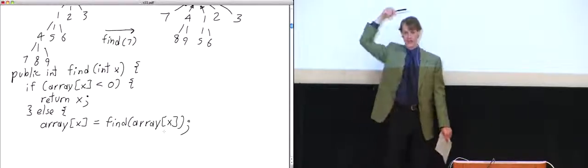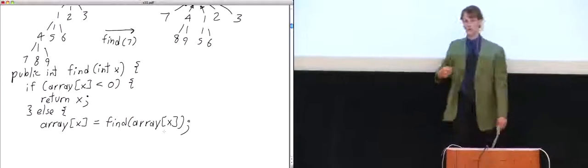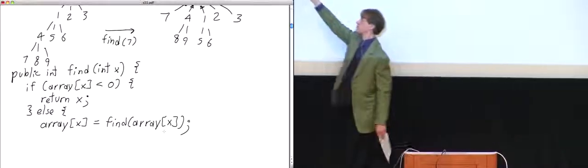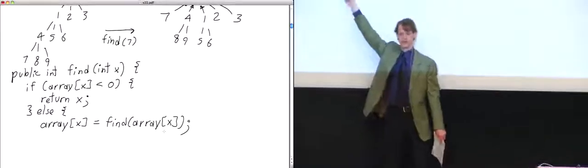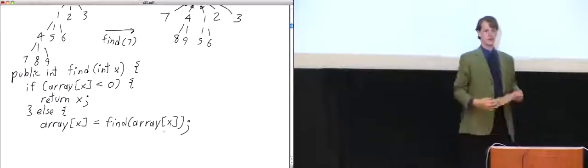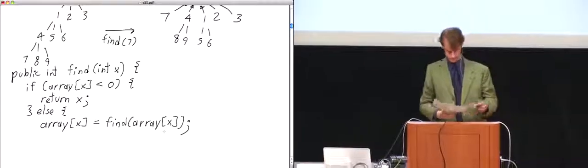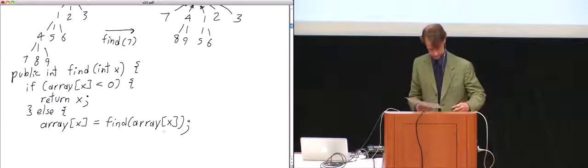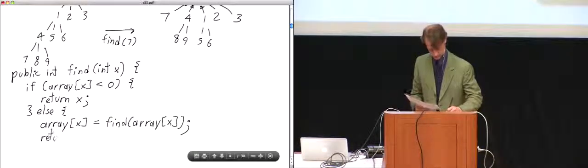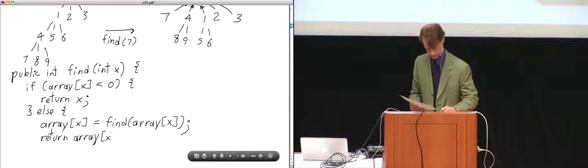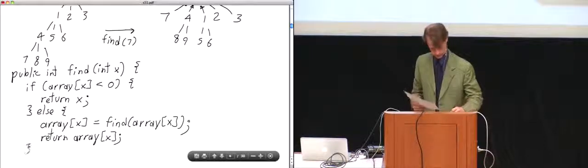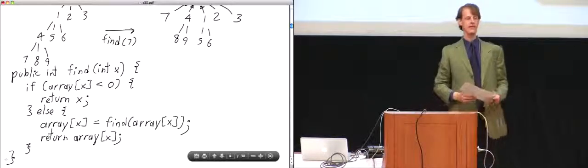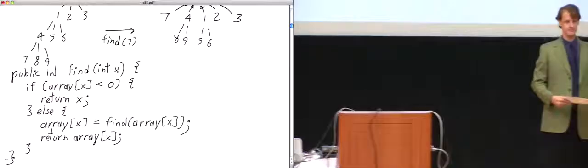After the recursion backtracks, now I know who the root of the tree is, and so I store that as my new parent. And then I return that value as well. So that is the find operation, and I hope that answers your question.